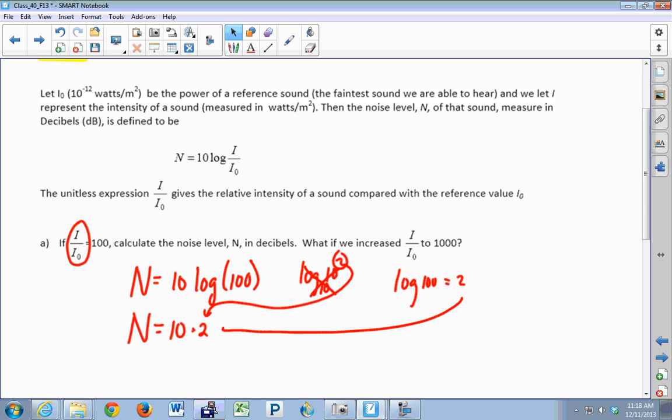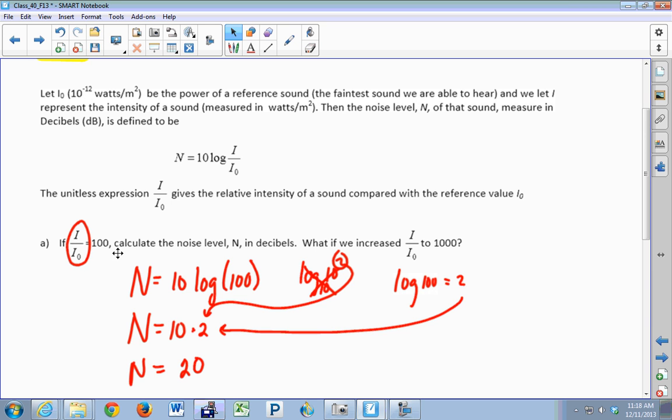We bring that down here, and we get this decibel level, 20. So decibel level 20 is our noise level, and whatever sound we're listening to is 100 times more intense than the reference sound.